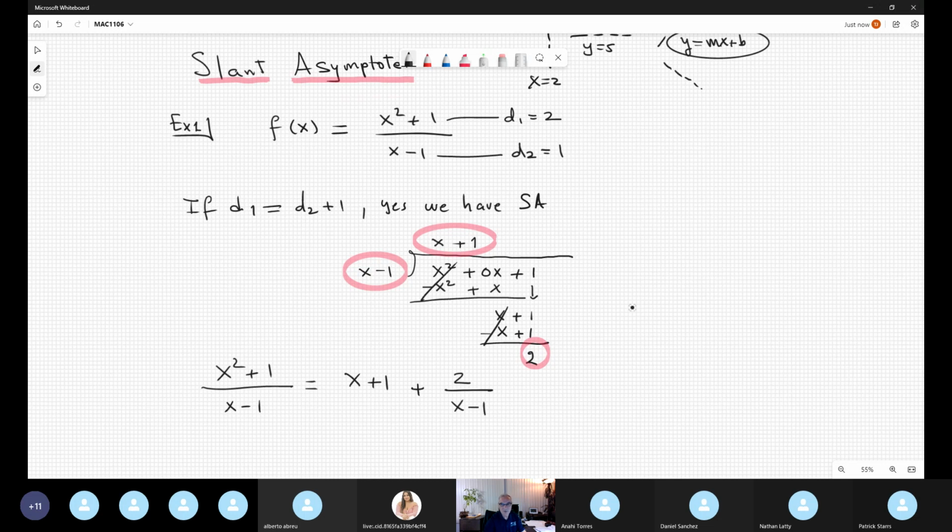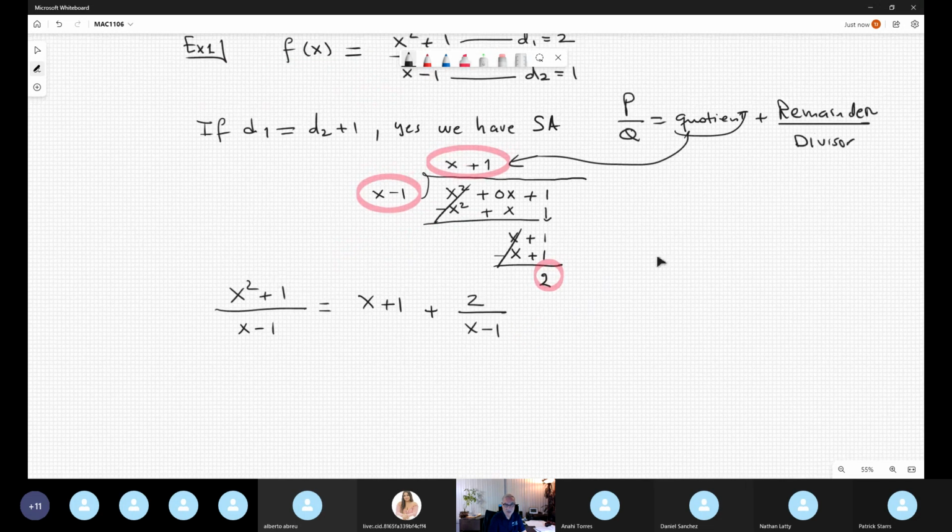What is the formula, guys? The formula is P over Q equals quotient plus remainder over divisor. In our specific example, the quotient is this, the remainder is 2, and the divisor is x minus 1. Okay, cool. So this is just algebra. We are only modifying the expression using one specific technique of algebra.